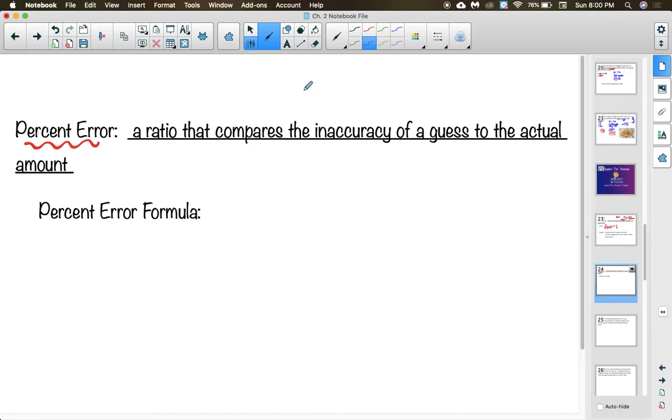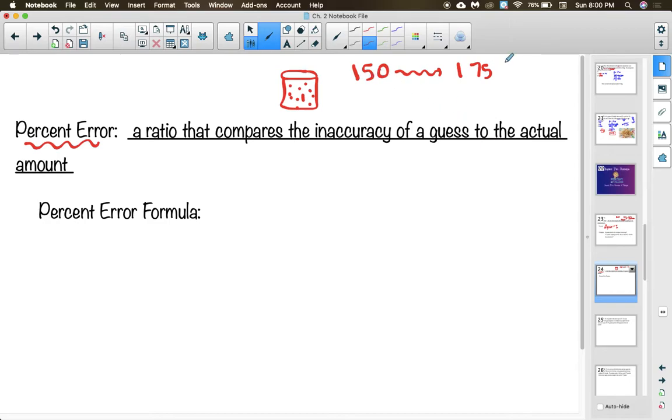So let's say that I had a jar in my room full of jelly beans, and I had people guess. And let's say somebody guessed that there were 150 jelly beans in the jar, but the actual number of jelly beans was 175.